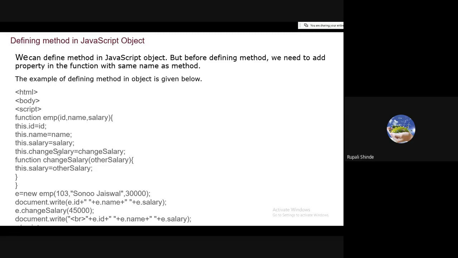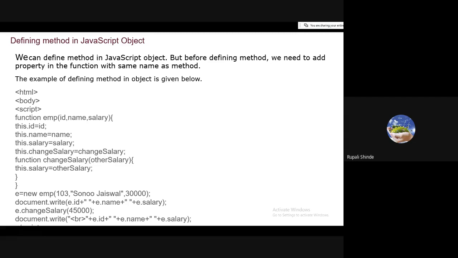In this case id, name, salary and changeSalary are all properties, the data members of the object. But here this.changeSalary is equal to changeSalary, which is the function or method. Whatever result the changeSalary method generates is copied into the changeSalary object property.